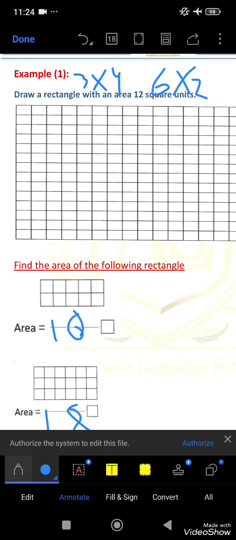The longest side is the length, so I will draw 4 lines across, and down 3. Okay, the rectangle is complete. Now do you see how many squares? 1, 2, 3, 4, 5, 6, 7, 8, 9, 10, 11, 12.